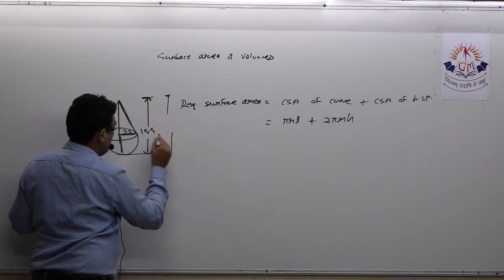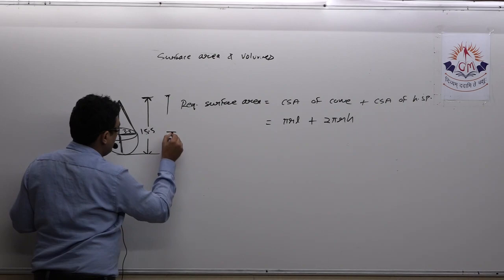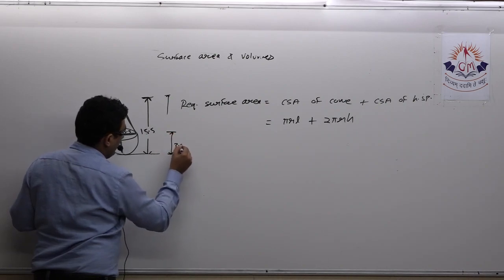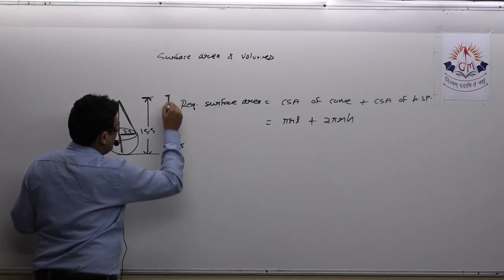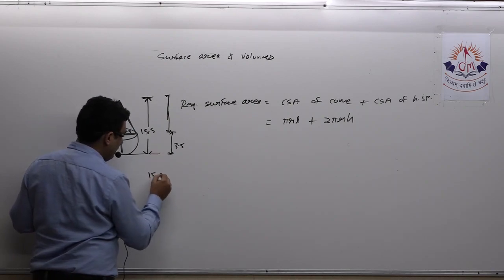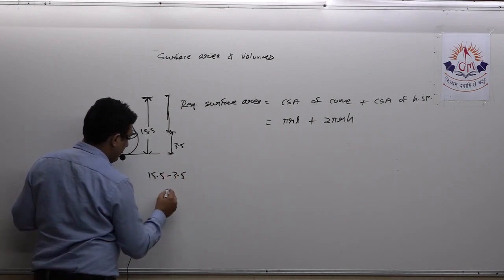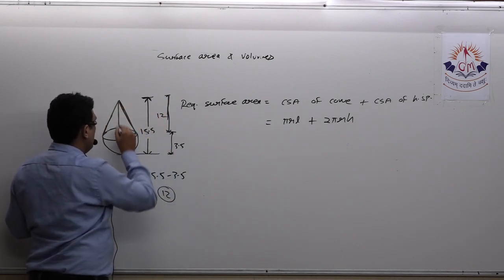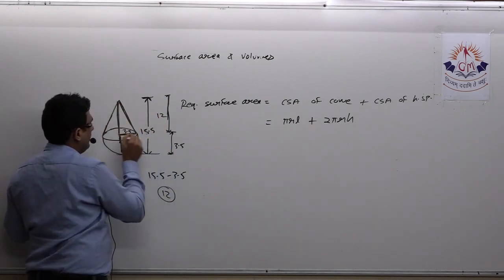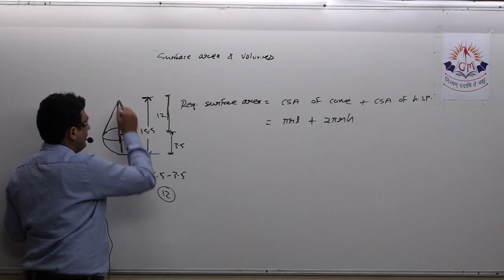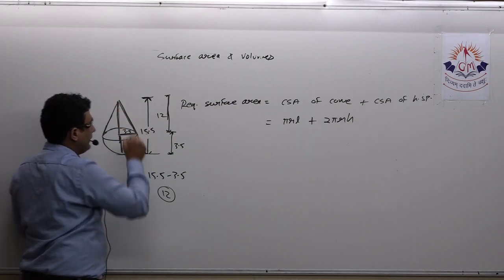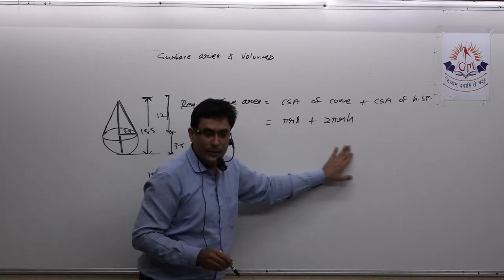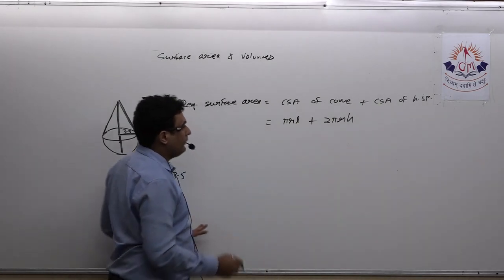Now if I subtract 3.5, obviously I will get the remaining length. That means 15.5 minus 3.5 gives me the height of the cone. So I have the height and the radius of the cone. With the help of the Pythagoras theorem, I'll get its slant height, and then by putting in the values, it is easy to get the final answer.